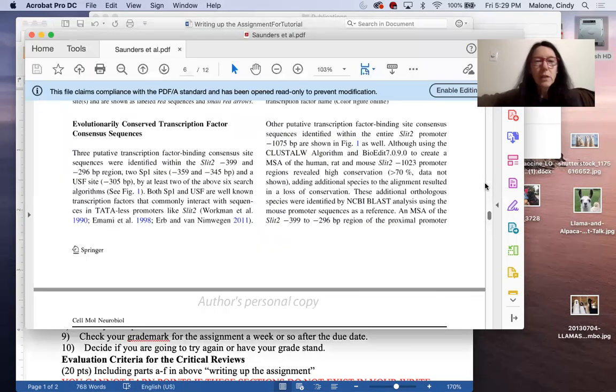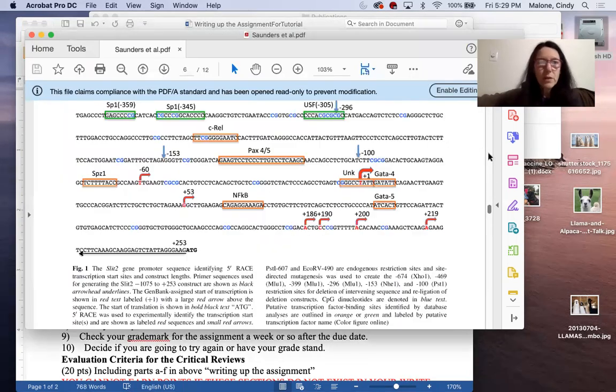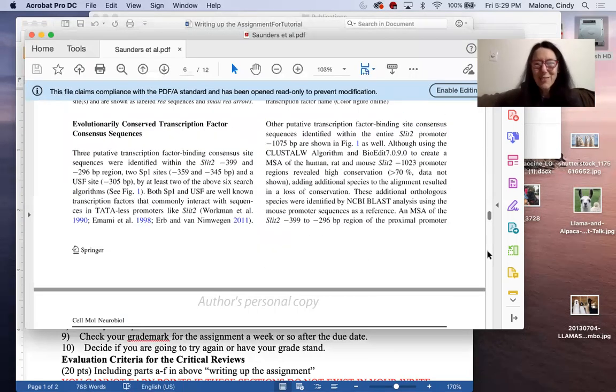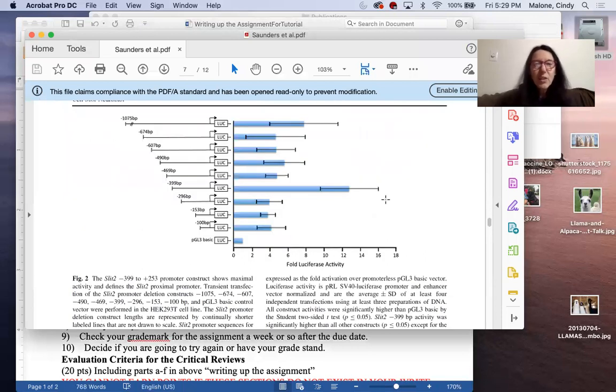So if we were going to look at our figure here, there could be lots of questions. Will this piece drive transcription? Will this big piece drive transcription over the control with no promoter? Will any of the smaller pieces drive transcription at higher levels or lower levels?